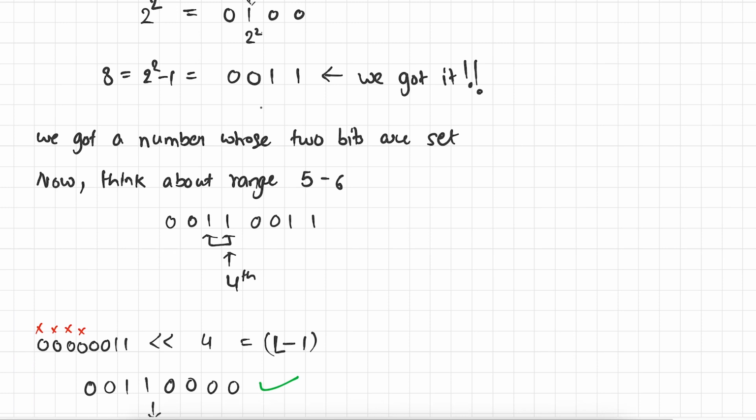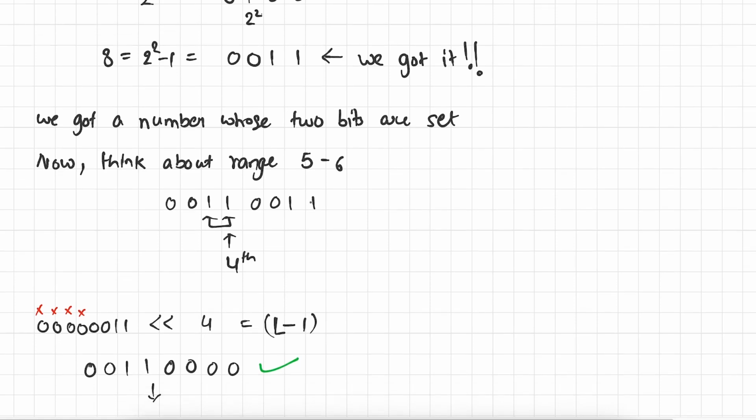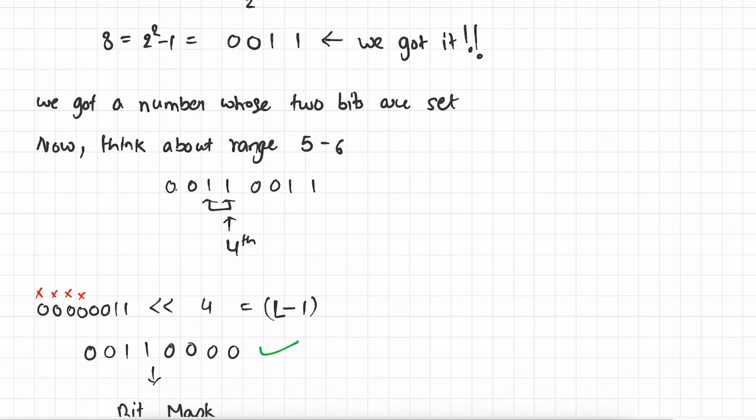If you want to move bits to the left side, we use left shift operator. If you want to move bits to the right side, we use right shift operator. Here also we are going to use left shift operator. So how many positions do we have to shift? If the bit is at the first position, how many positions do we have to shift? 1, 2, 3, 4. 4 positions we have to shift.